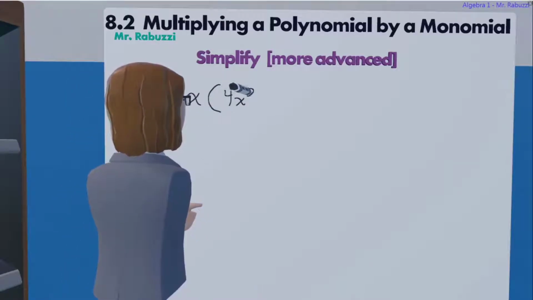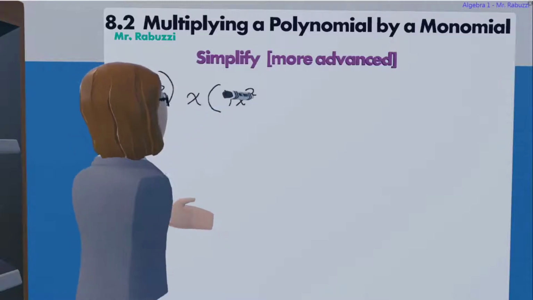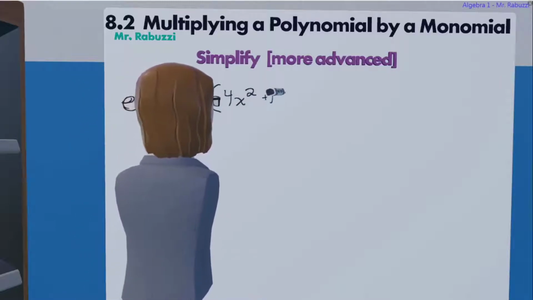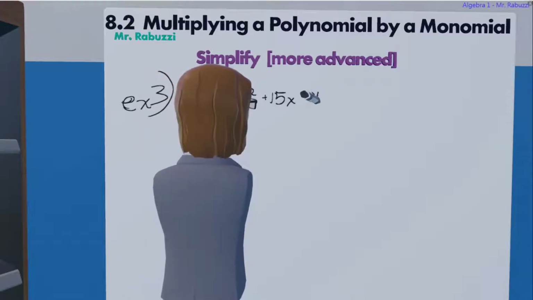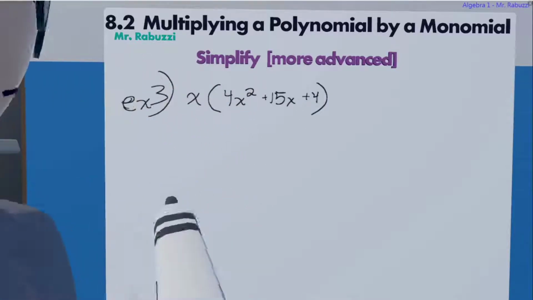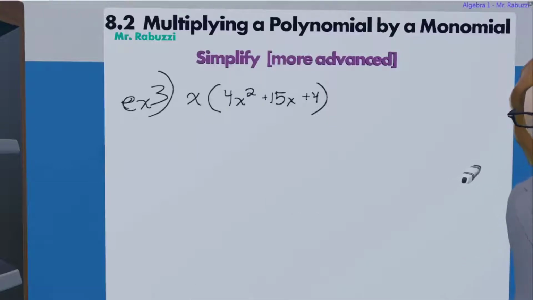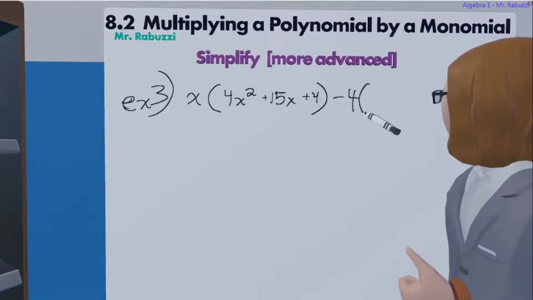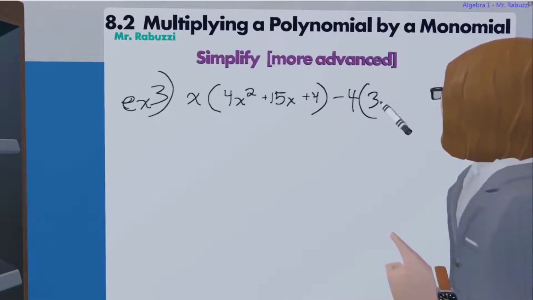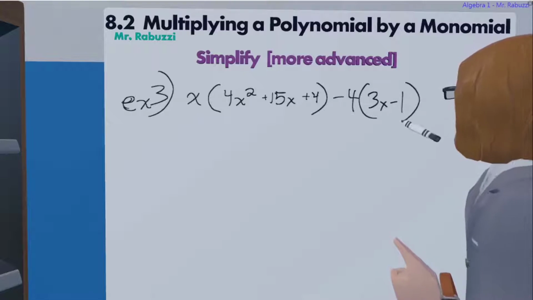x parentheses 4x squared plus 15x plus 4. So that's just like we did on the last board, nothing crazy. It's similar to what we did. Now we have minus 4 times the parentheses 3x minus 1.